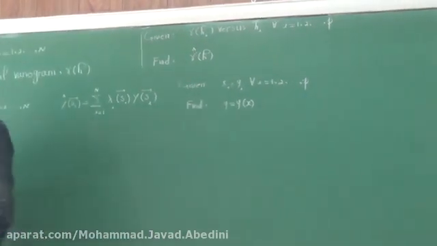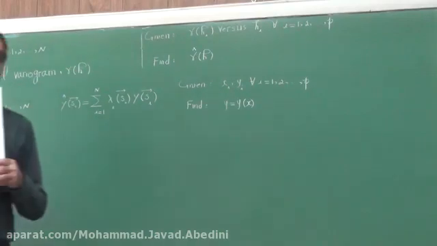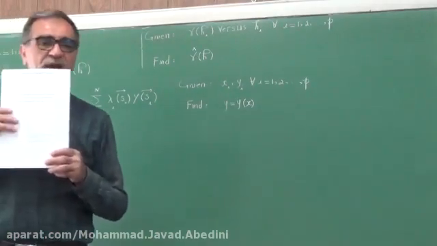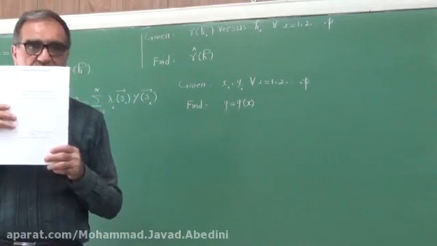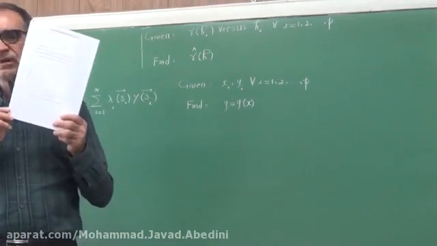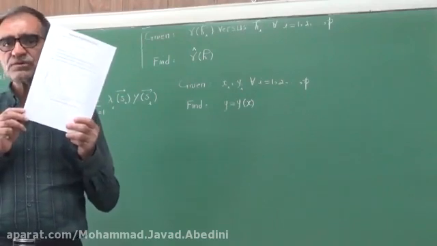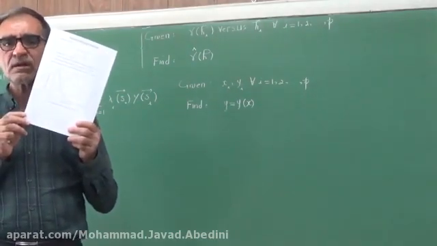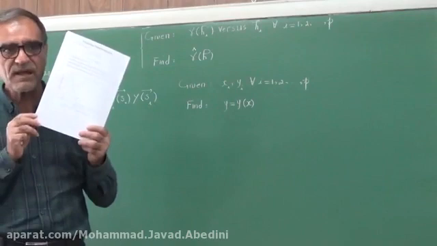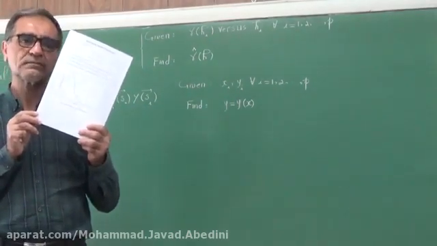I shared a document with you, and in that document I introduced it in my previous lecture. This document is called variogram.pdf, and in it I introduced a number of theoretical admissible variograms.